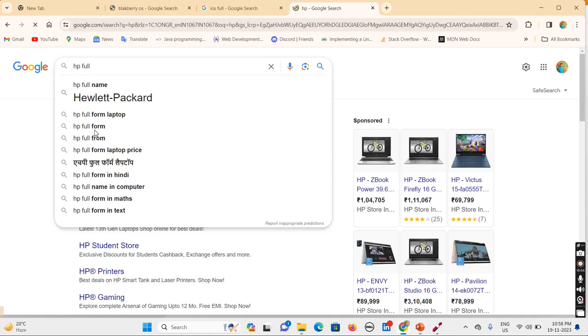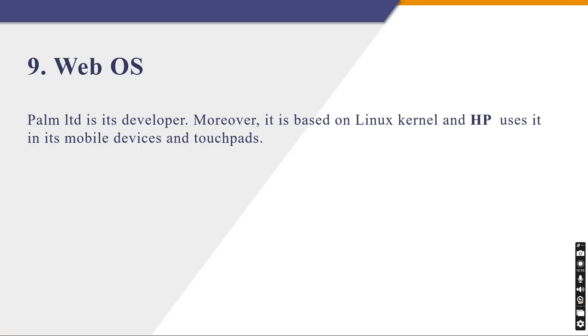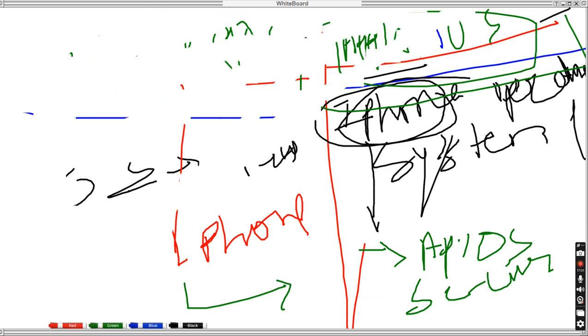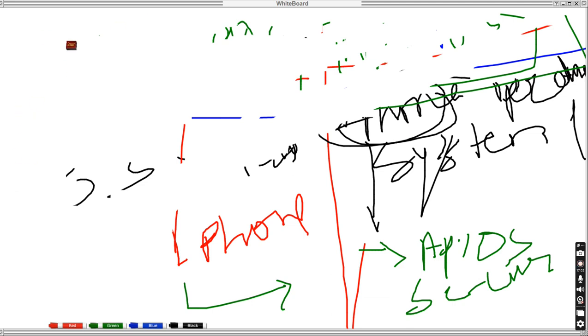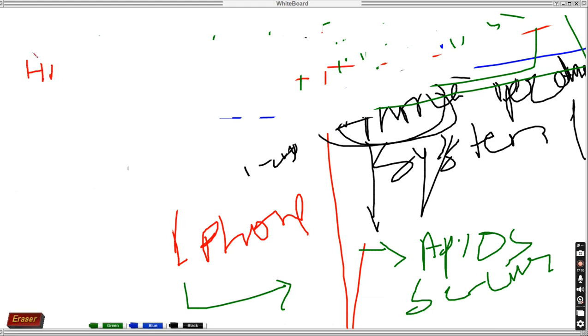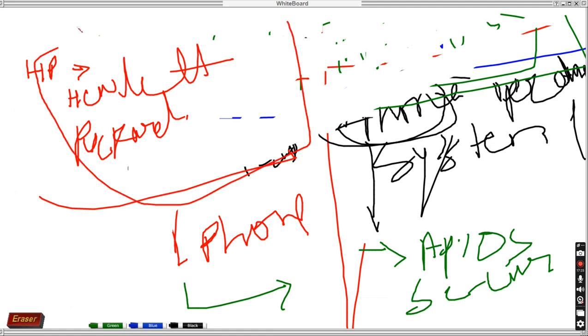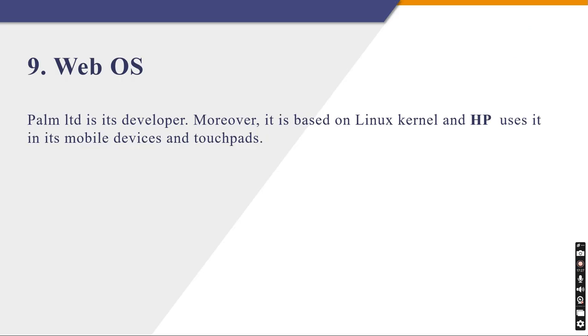Okay, so Hewlett Packard. This is your full form, HP Hewlett. Okay.